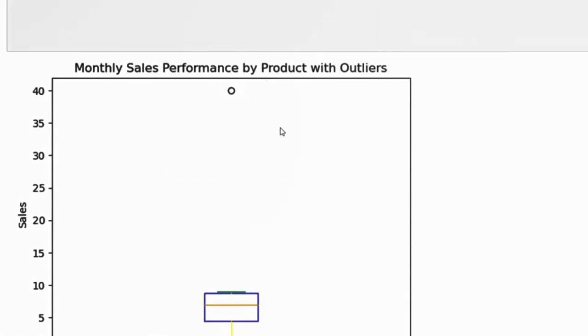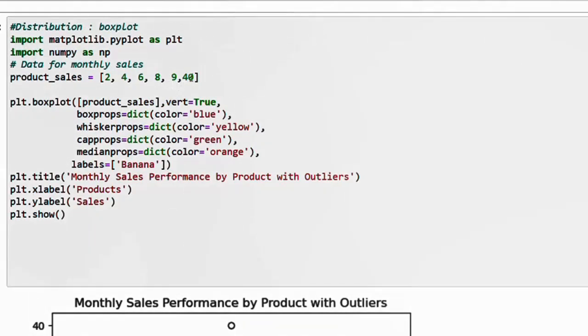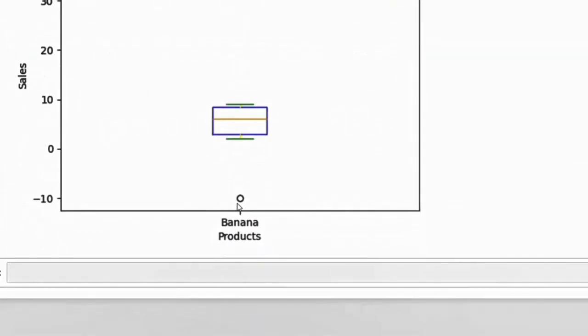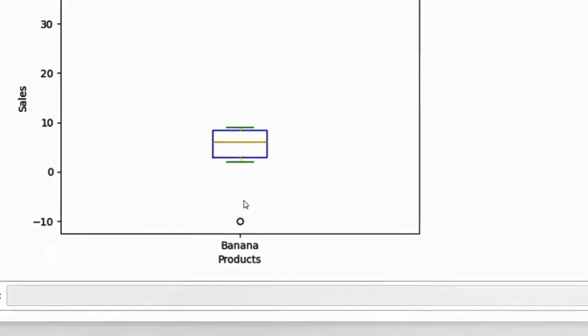This shows there is one value that is unusual, or say -10, then one more dot. So there are 2 values, one value is negative and another value is positive. So we can say these values are an unusual distribution.